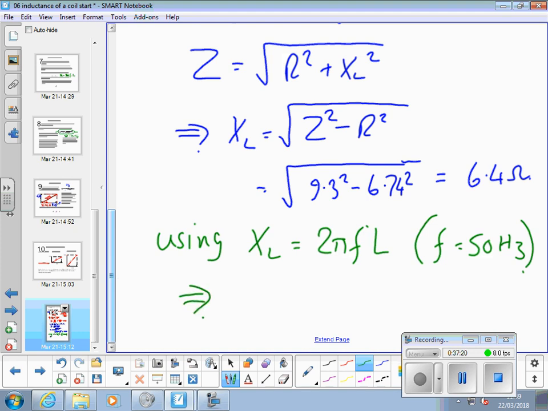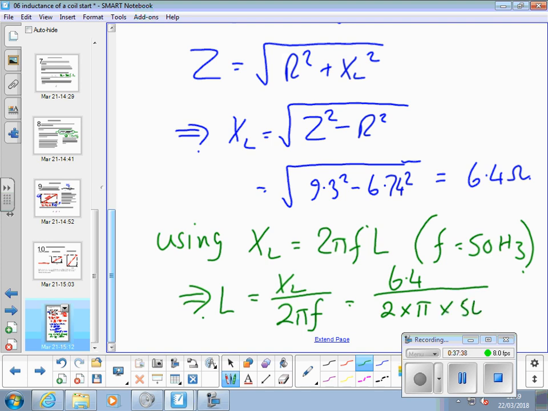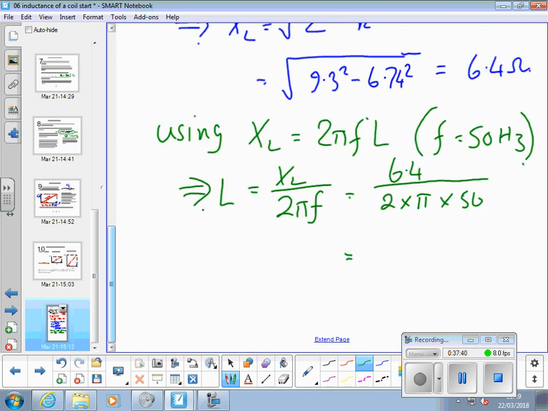That rearranges to L is equal to XL over 2 pi F. 6.4 over 2 times pi times 50 is 0.02. Any more figures? Yeah, 0.02 henries equals 20 millihenries.